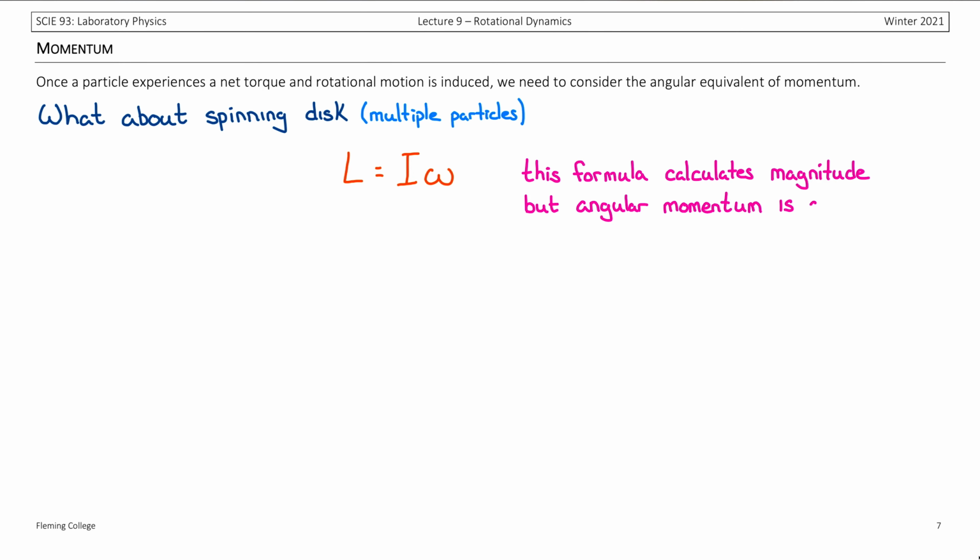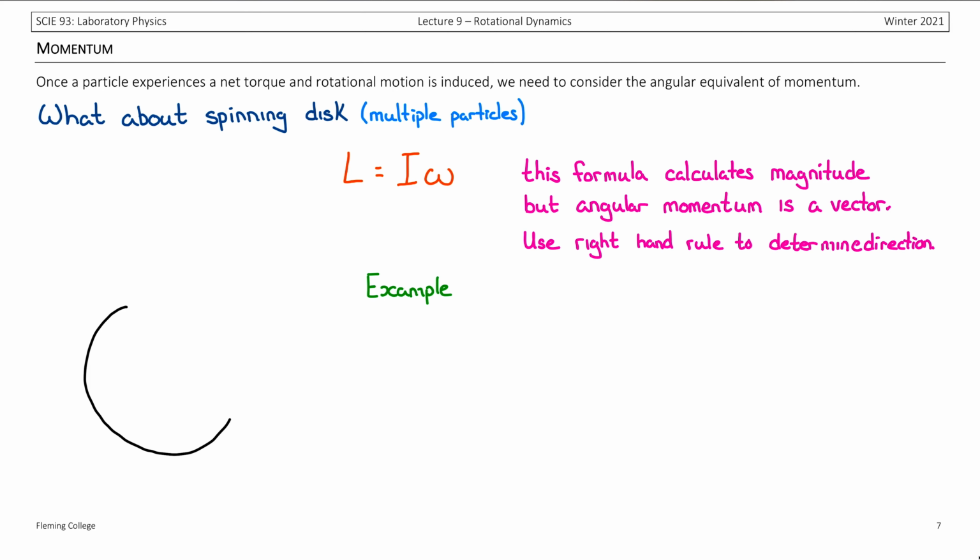Remember, angular momentum is a vector, and we will need to use the right-hand rule to determine the direction. The right-hand rule in this application would be to curl the fingers of your right hand in the direction of the angular velocity, and your thumb will again point in the direction of your angular momentum, either into or out of the page in this case.